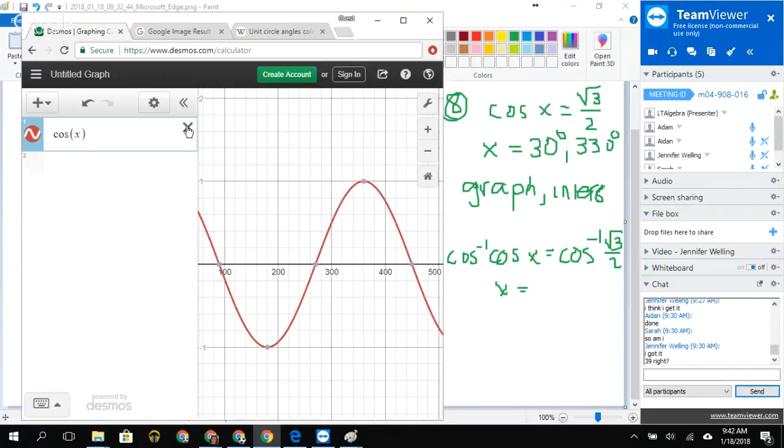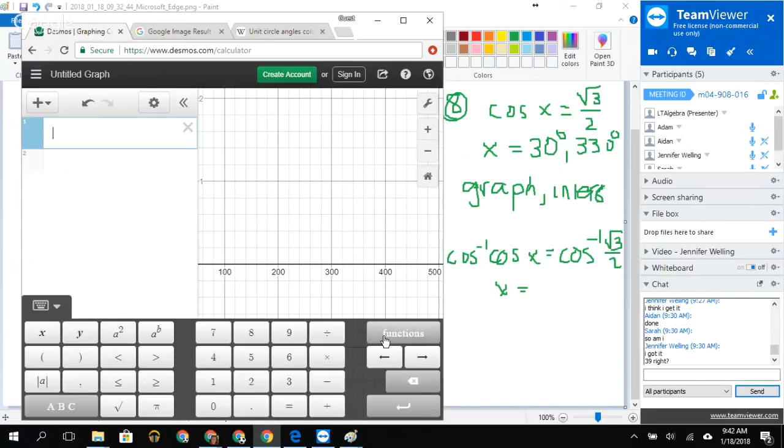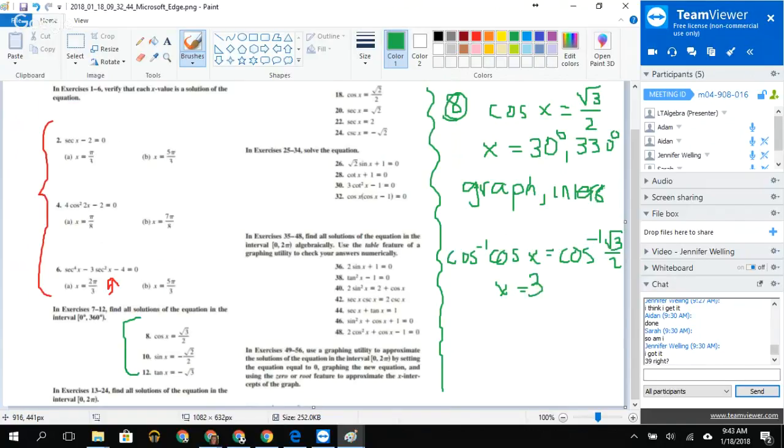Where are you, Desmos? There we go. So we want the inverse cosine of the square root of 3 over 2. So you see that the inverse cosine of square root of 3 over 2 is 30, which is one of our solutions. The downside of this is that it does not give you all the other solutions to it. So it does give you one of the values, but if they're looking over a certain range, then you're going to have to add some additional information in to get the other values.